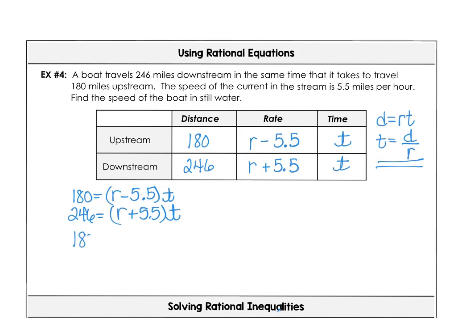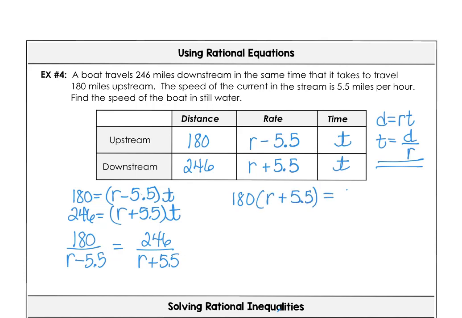So 180 divided by r minus 5.5 would be equal to 246 divided by r plus 5.5. Then cross multiplying, or multiplying by our common denominator, 180 times r plus 5.5 would be equal to 246 times r minus 5.5.